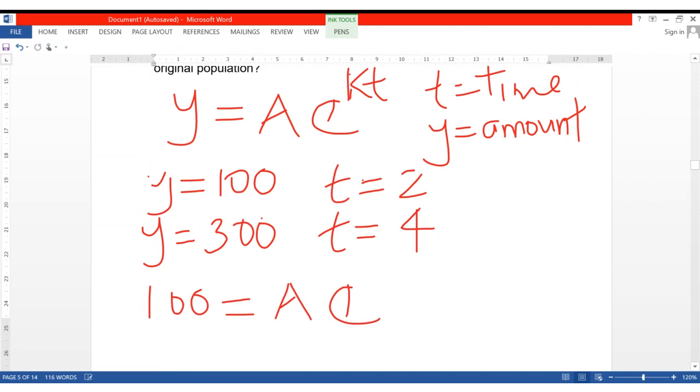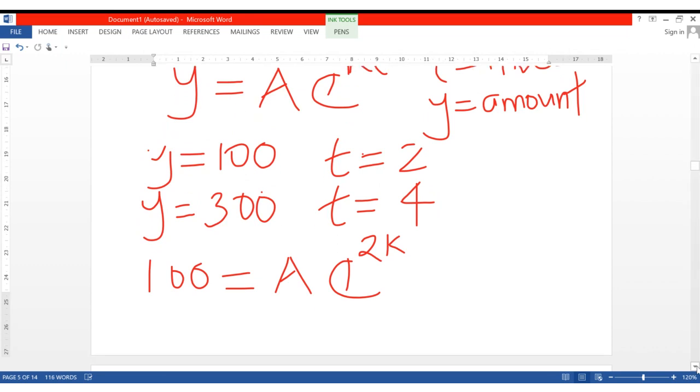Where there's a t, I'll have 2k. In this one I cannot solve for the value of a, because we have exponential 2k. If t was 0, we would have gotten 0k, which would have gone to 1. But this one is 2k, so we cannot reduce that. It is impossible to get the value of a using the first one.